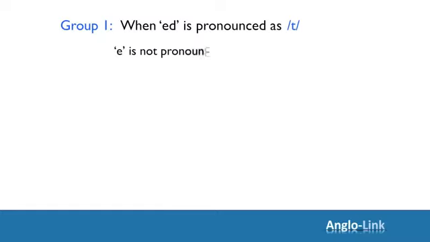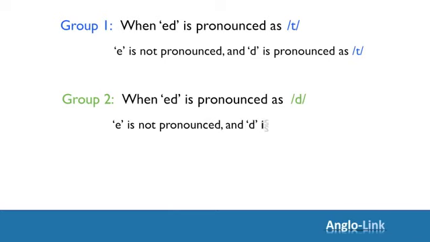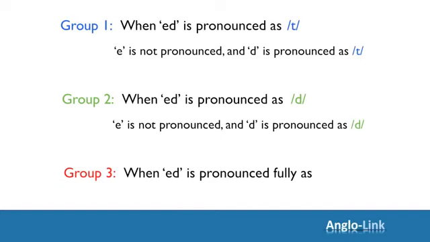So the E is not pronounced and the letter D is pronounced as T. In Group 2, the ED is pronounced as D. So once again, the E is not pronounced and the letter D is pronounced as D. And finally, in Group 3, the ED is pronounced fully as id.